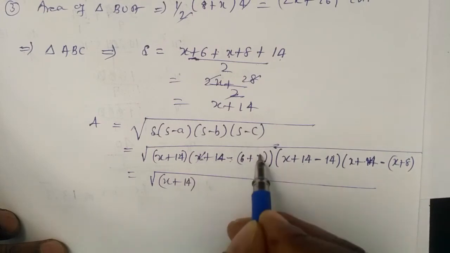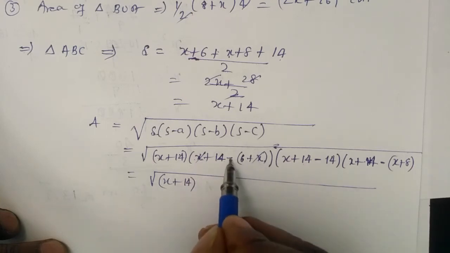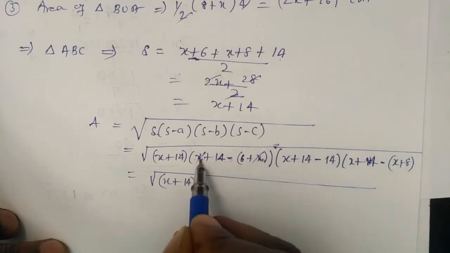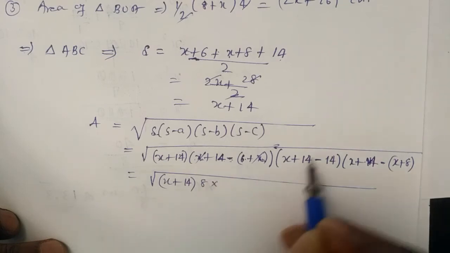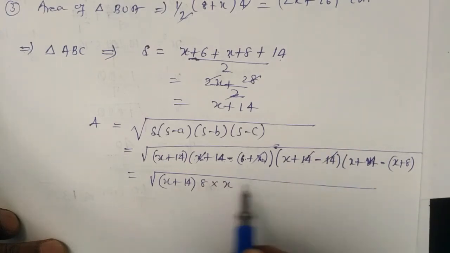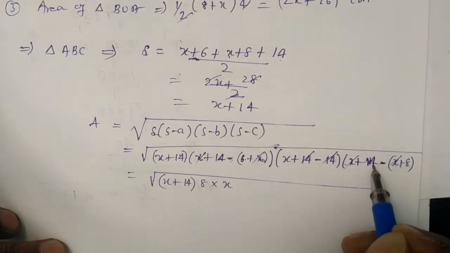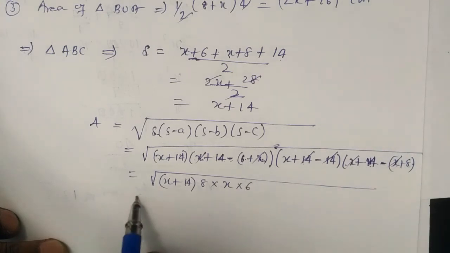The x and x cancel, because the minus outside the bracket is given to 6 and x, so minus x and plus x cancel. 14 minus 6 is 8, into x, the 14 cancelled, only x. Here also x and minus x cancel, the minus applied to both inside values. 14 minus 8 is 6.